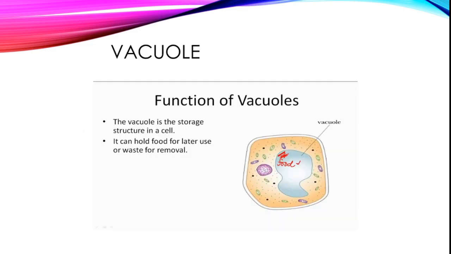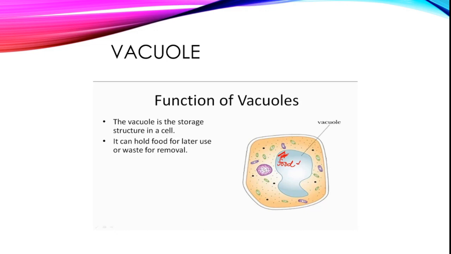Next we will study the vacuole, which is an inclusion in the cell. Vacuoles may or may not be present in animal cells. If present in animal cells, they are very small in size. But in plant cells, they are larger in size and occupy a large area of the cell.